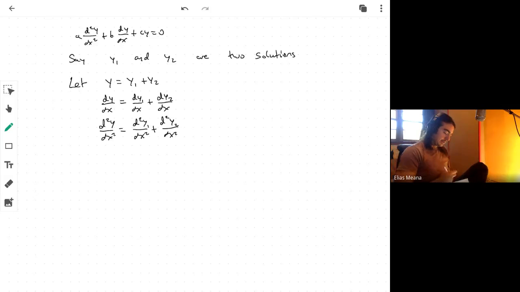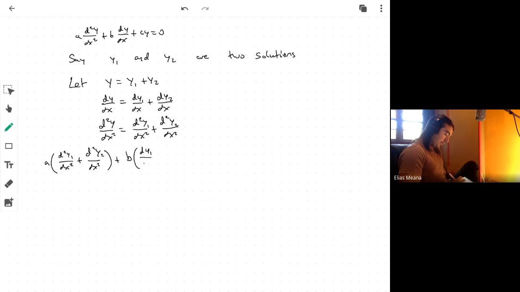All right, fair enough. So let's plug these into the differential equation. We're going to get a times d squared y1 dx squared plus d squared y2 dx squared, plus b times dy1 dx plus dy2 dx, plus c times y1 plus y2.